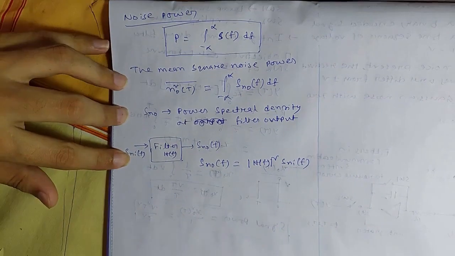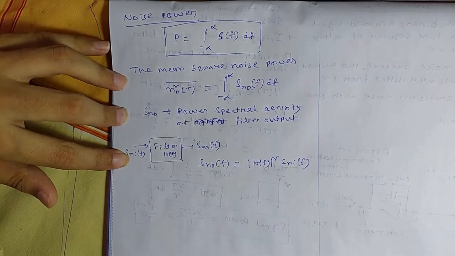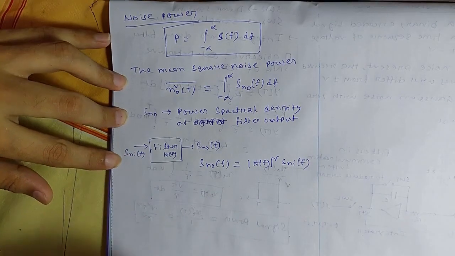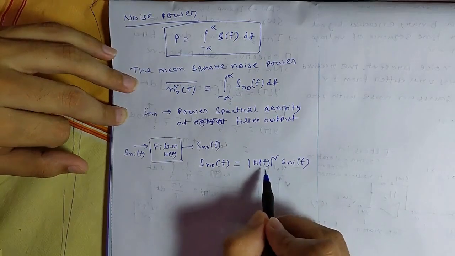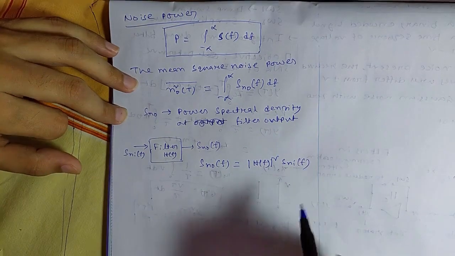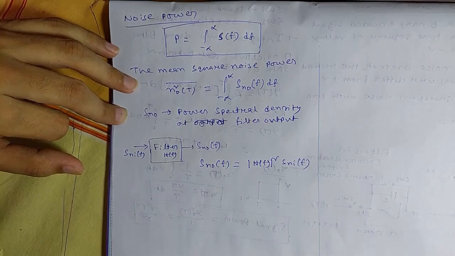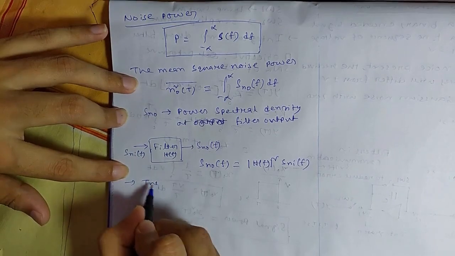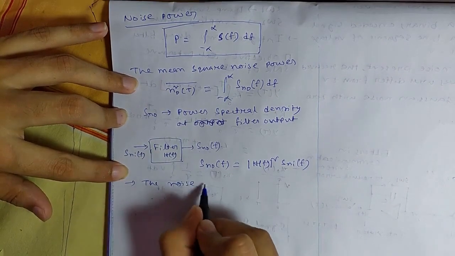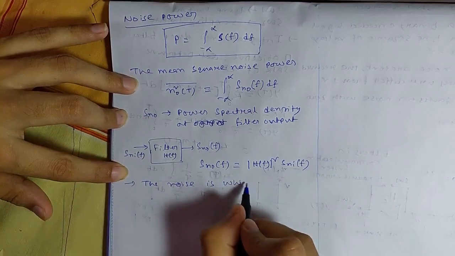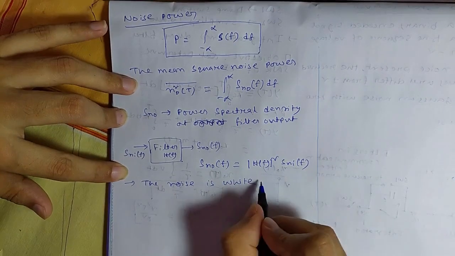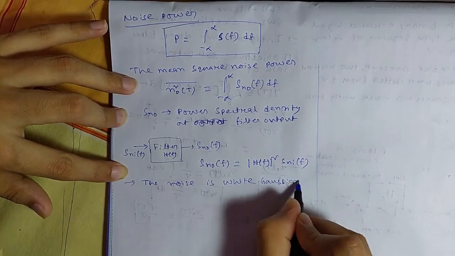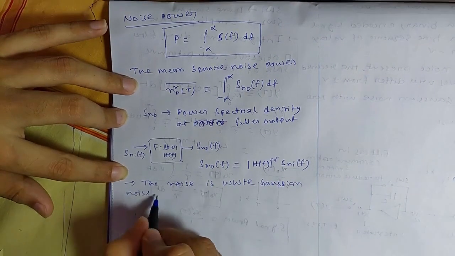Before beginning this filter calculation, we already told you that we are assuming white Gaussian noise, Gaussian noise with zero mean.